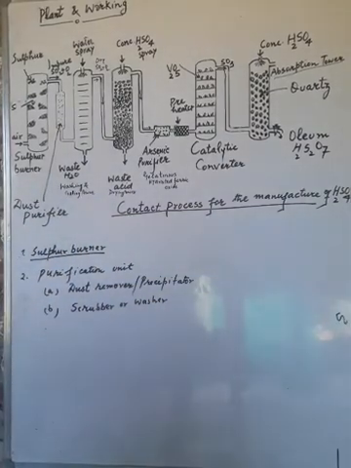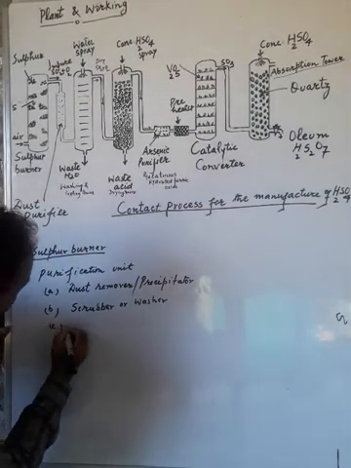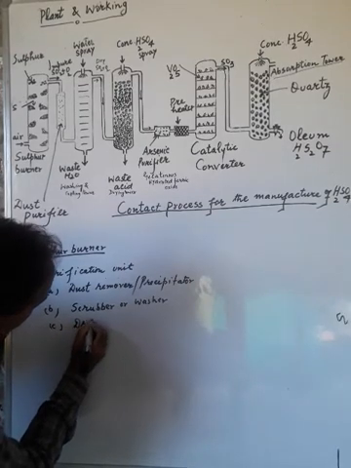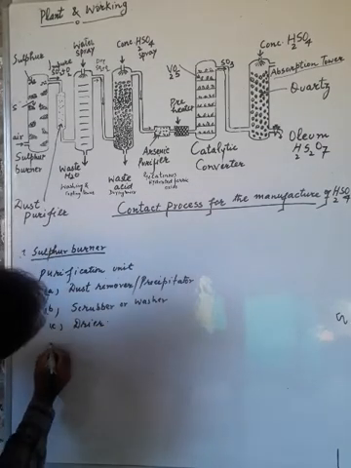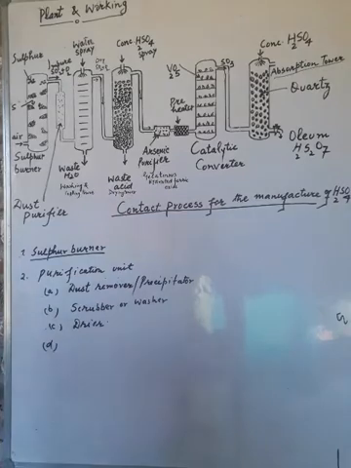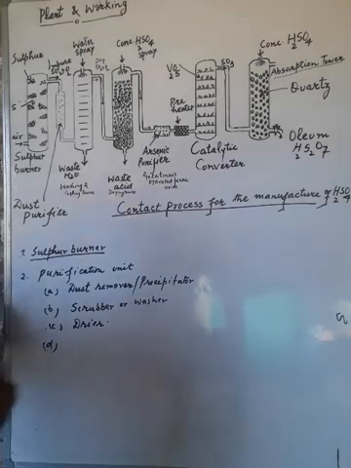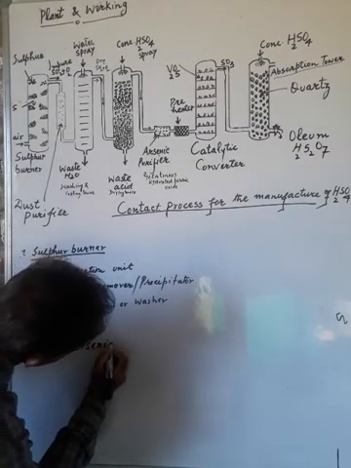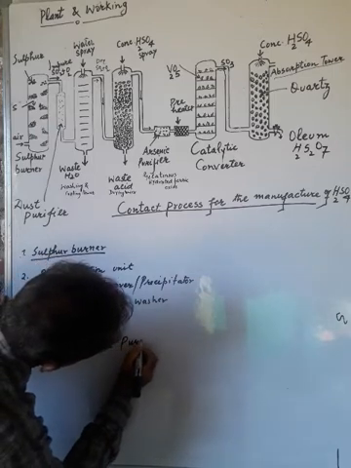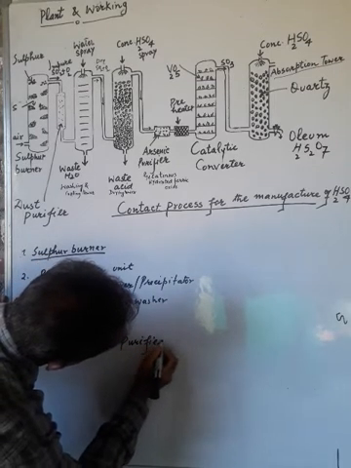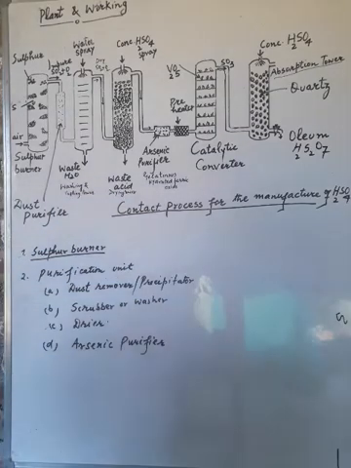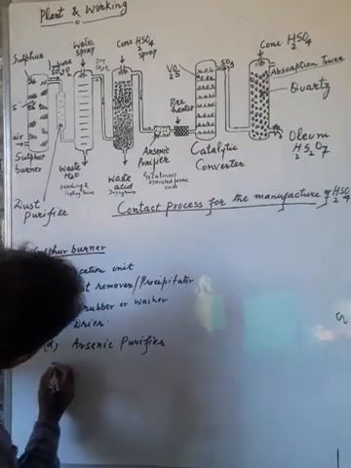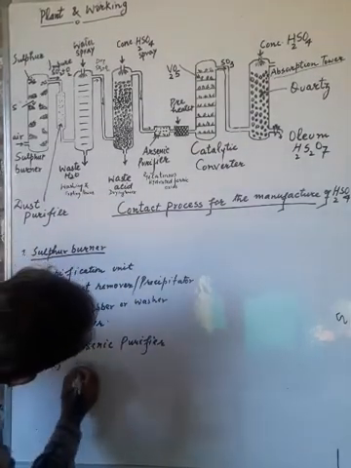Next we have the dryer, number D. After the dryer we have the arsenic purifier, and the preheater.